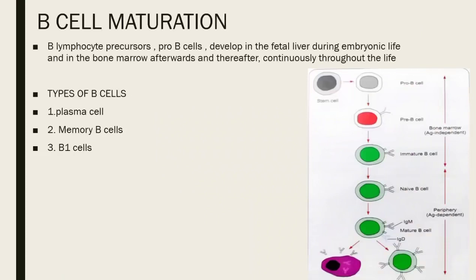B lymphocyte precursors, pro-B cells, develop in the fetal liver during embryonic life and in the bone marrow afterward and thereafter continuously throughout life. There are mainly three types of B cells: plasma cells, memory B cells and B1 cells. So you can describe B cell maturation in the form of a flow chart as I have shown in this diagram.